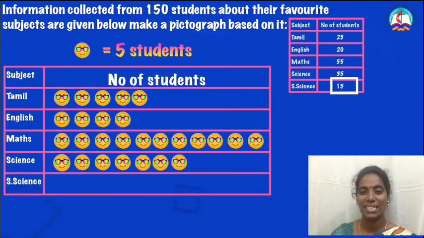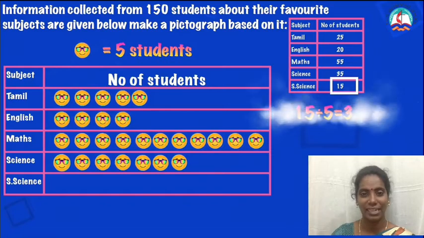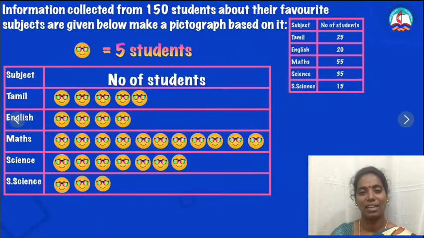Good. What is the next one? 15. 15 divided by 5, what is your answer? 3. Exactly. Great job, children. So how many images are you going to draw now? 3 images, right? Now we finished the pictograph using pictures.